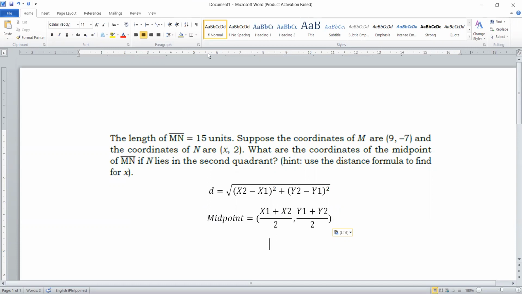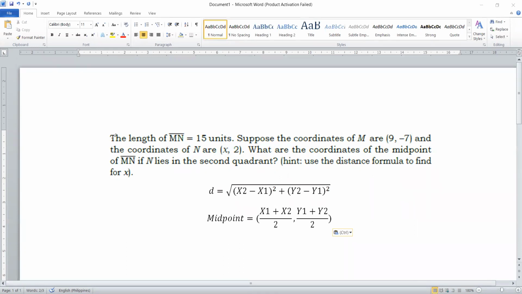So first, you have to identify what is given in the problem. So you have there MN is equal to 15 units. And you also have your coordinates for M and your coordinates for N. So let's write that down.